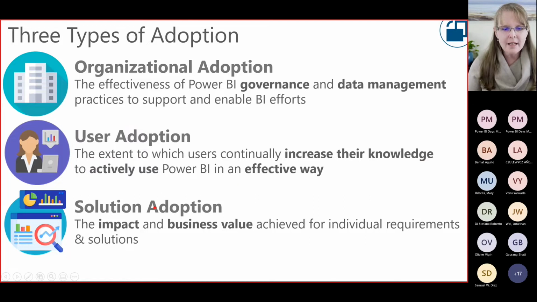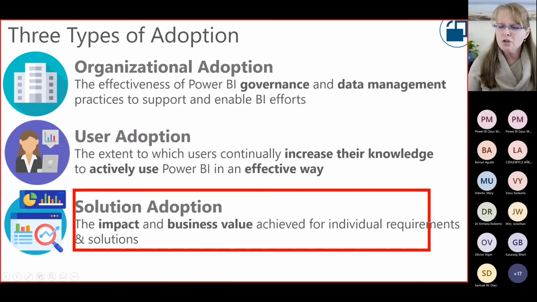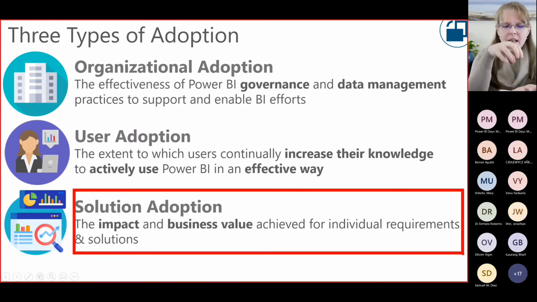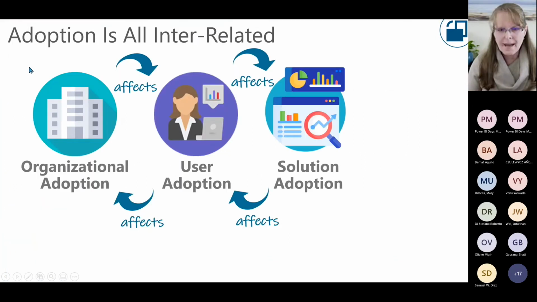And then the third one down here, solution adoption, is super important, right? This specific solution that you're deploying does what it promised to do. It delivers value, et cetera. There is impact. So as you can imagine, they are all super interrelated.